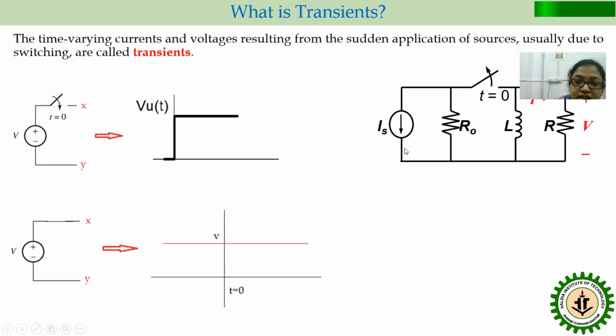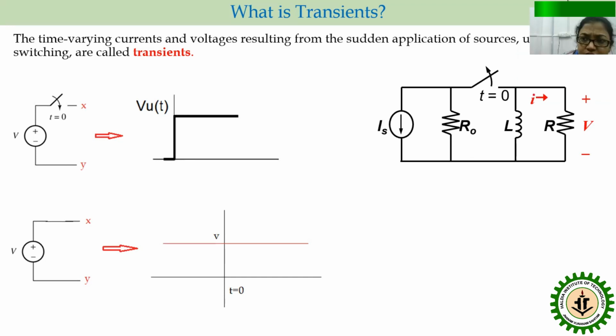Now in this circuit you can see there are some R, L, and another R. Initially one current source was connected and the switch was closed. But when this switch suddenly opens, a transient occurs, meaning switching from one level to another level.